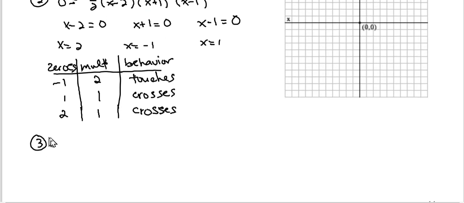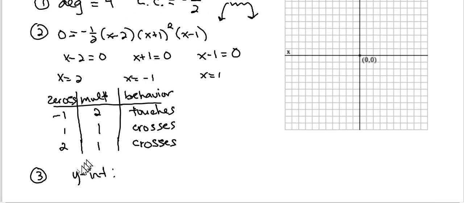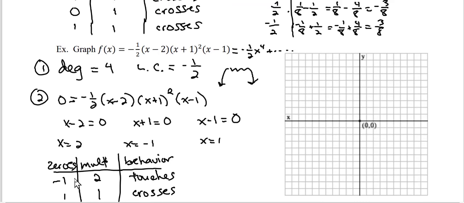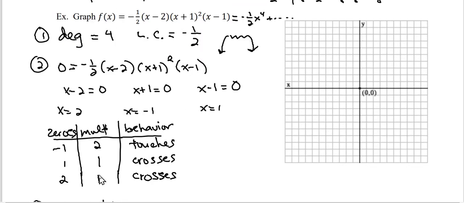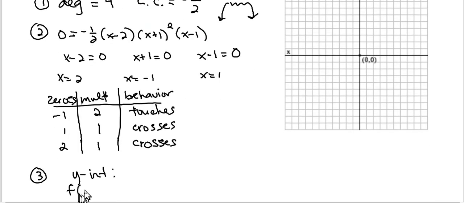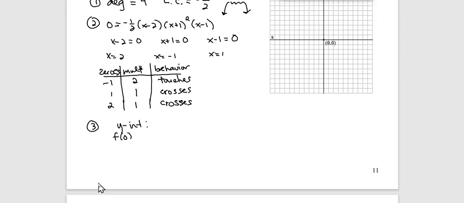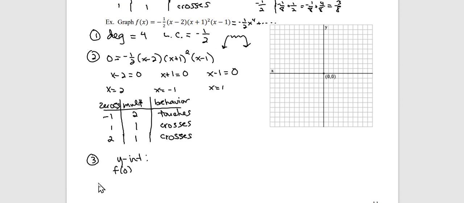Let's find the y-intercept and then we'll start plotting some points. Y-intercept, plug in 0, f of 0. Let me zoom out a little bit here so I can see this all on one page.